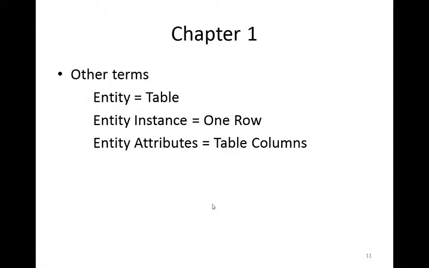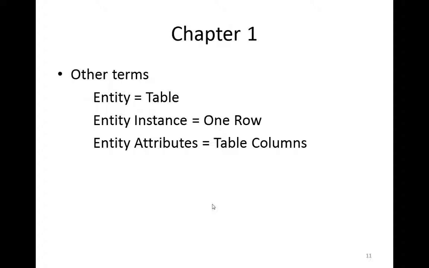Some other terms that we need to talk about. Entity, we refer to as a table. That's the object that we're collecting information about, or data. We take data and turn it into information. An entity instance is one row within that table, which represents one object that we are collecting information about within that entity.